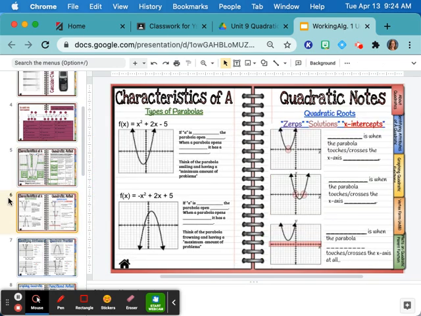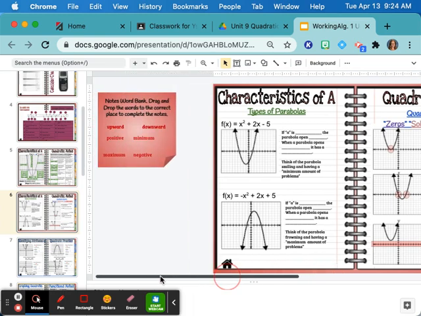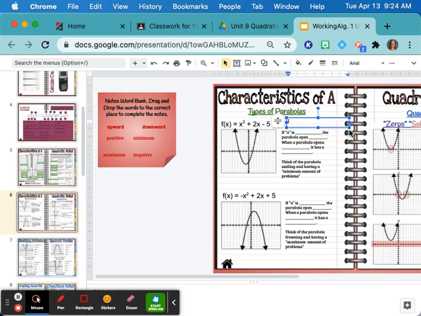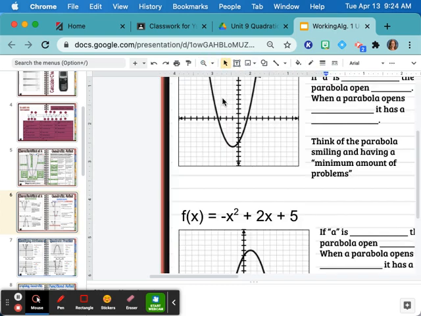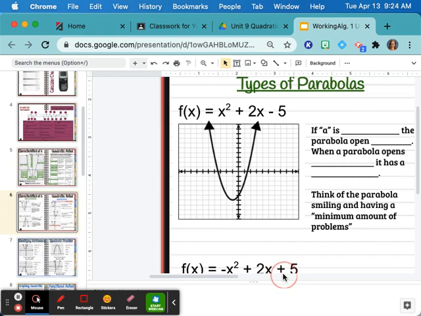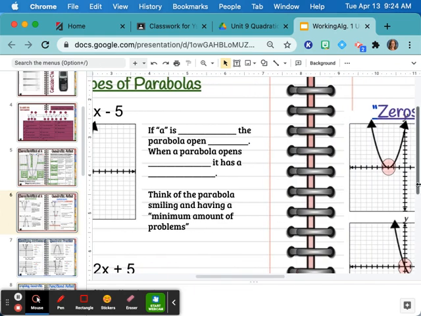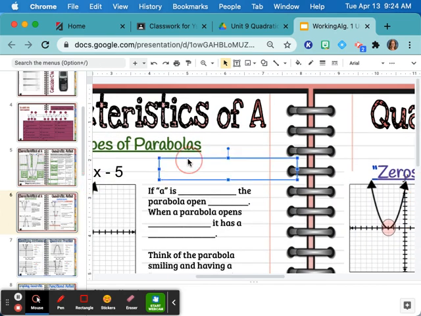Okay, let's go on to slide 6. Characteristics of quadratics notes. Types of parabolas. Yeah, there's some drag and drop. One thing that we do need to add on here, though, go ahead and make a text box. And we are going to add that standard form on here.